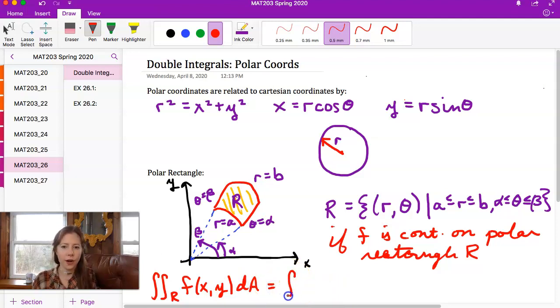So we're going to go from alpha to beta for theta, and a to b for r, and our function then needs to be converted from x and y to r and our trig functions. So x is defined equal to r cosine theta. So f is going to be a function of r cosine theta, and y is r sine theta.